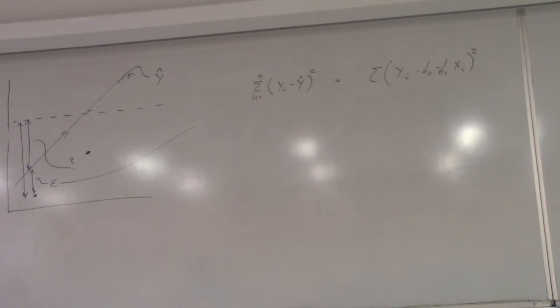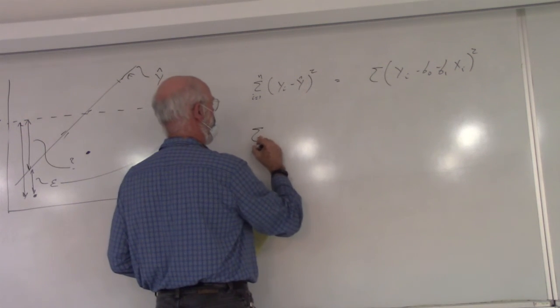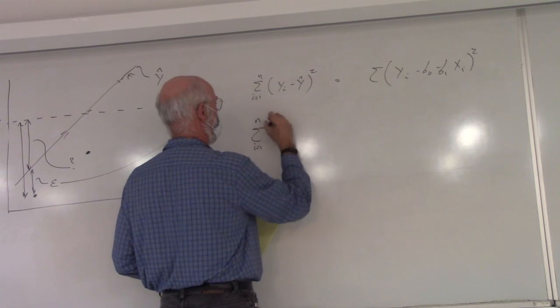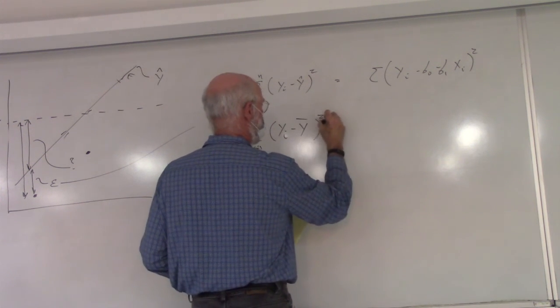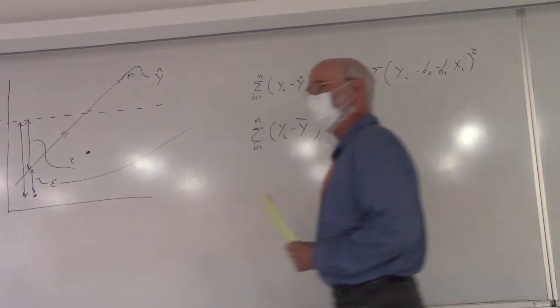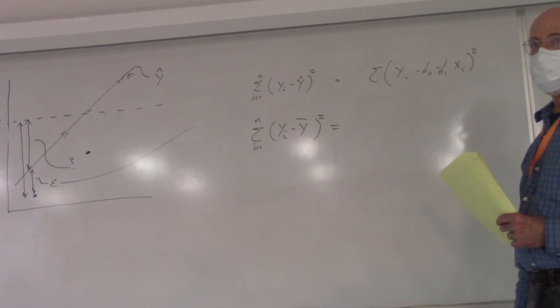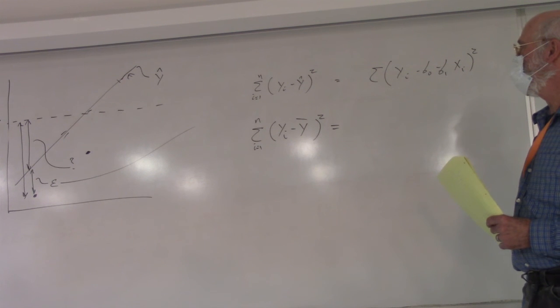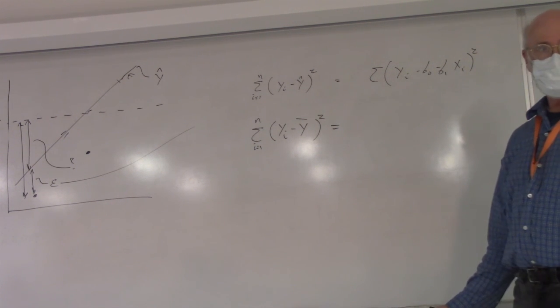All right. Now, the sum of (yi minus y bar) squared is equal to what? That's the total variation, right?